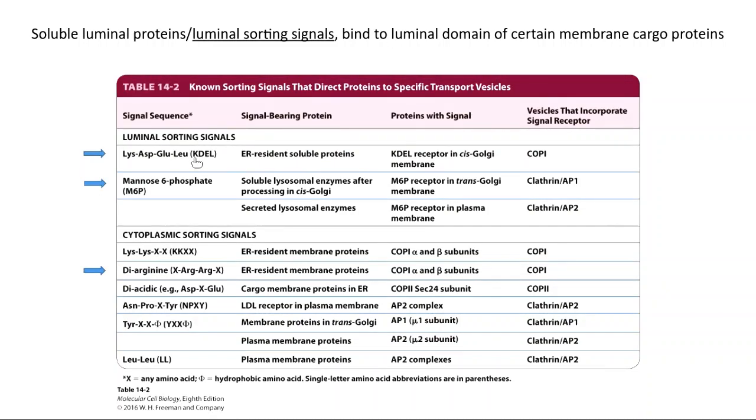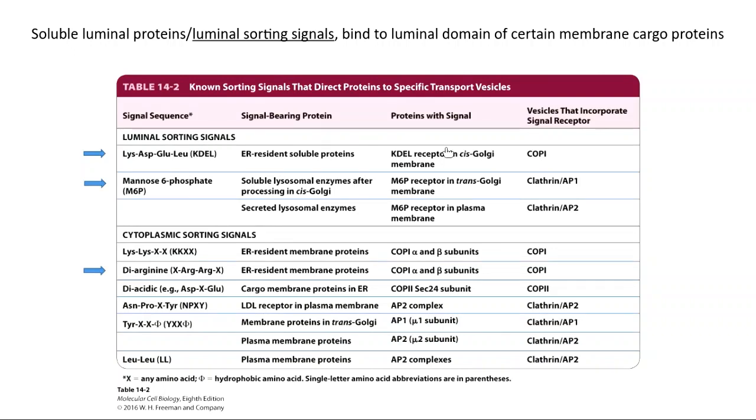Now, the KDEL sequence is basically the short forms of the names of the amino acids themselves. So lysine, aspartic acid, glutamic acid, and leucine, KDEL. Okay. So KDEL is a small peptide. It's a 4 amino acid peptide. It's a small sequence which is attached at the C terminus of the proteins which are present in the endoplasmic reticulum. Okay. The KDEL receptor is present in the cis Golgi membrane.